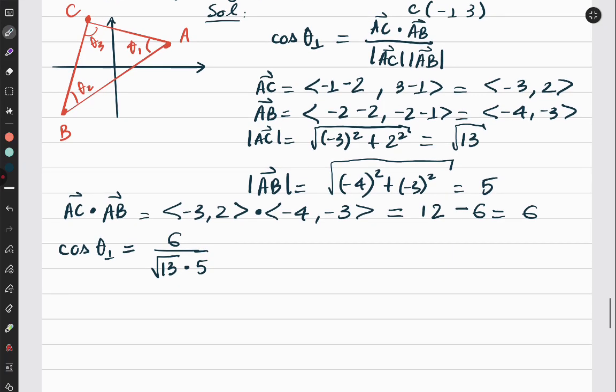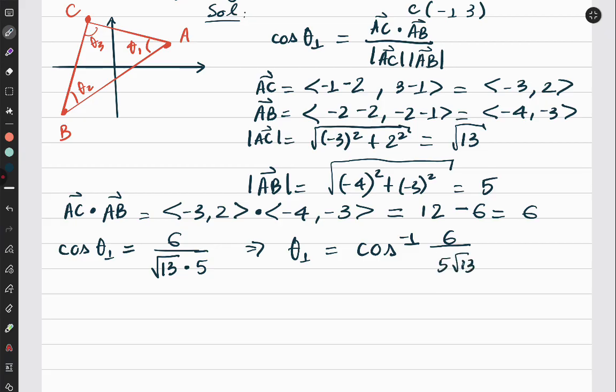The question asks you for theta 1. So it's the inverse cosine of 6 over 5 square root 13.